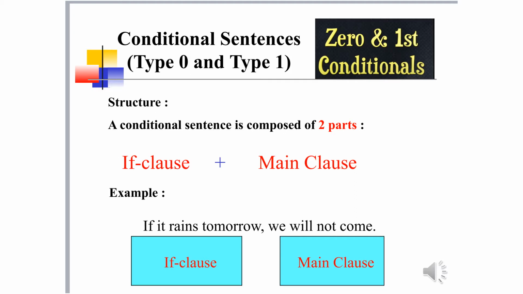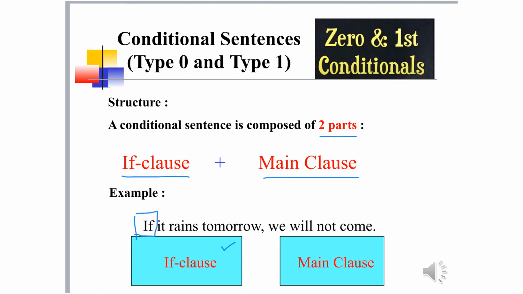When we learned about conditional sentences, here is the basic structure. There are two parts for the conditional sentences. One part is called the if clause, the other part is called the main clause. Whenever you see the word if, this clause must be the if clause.